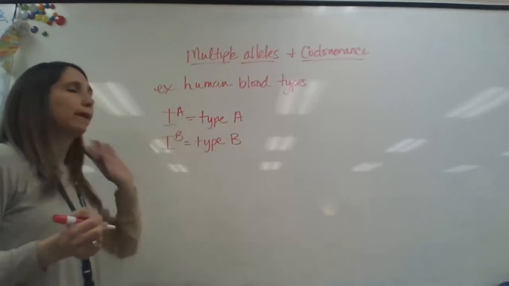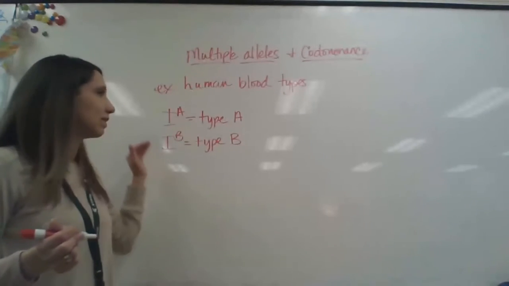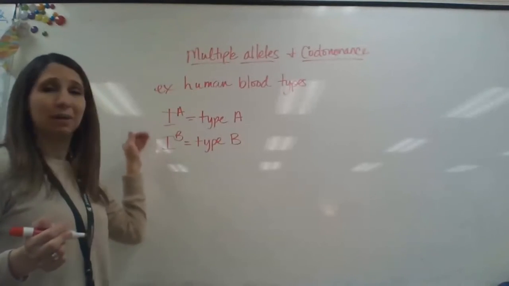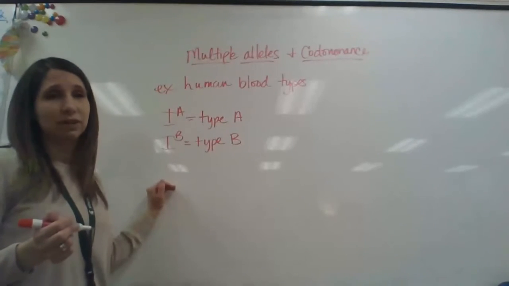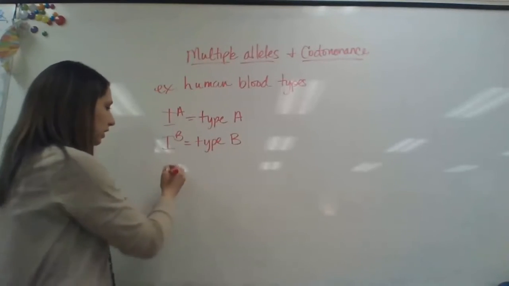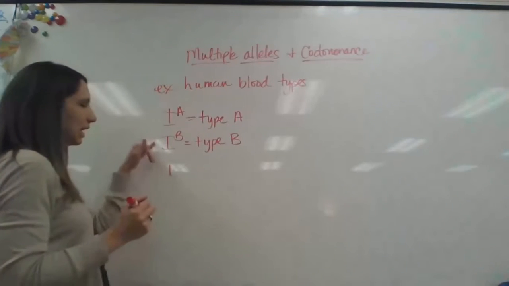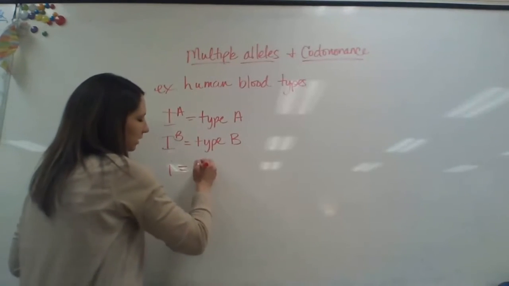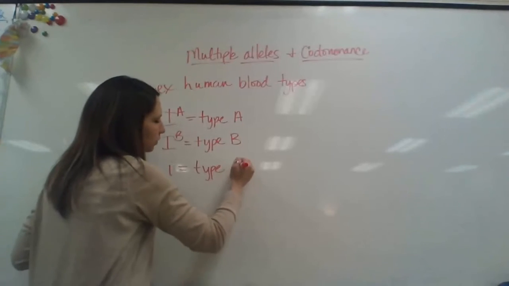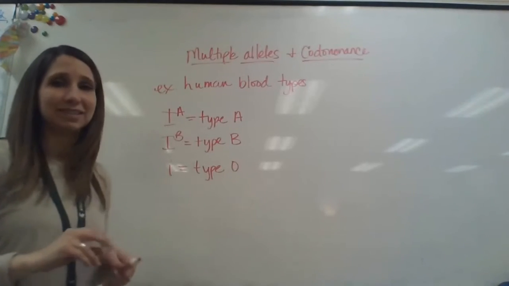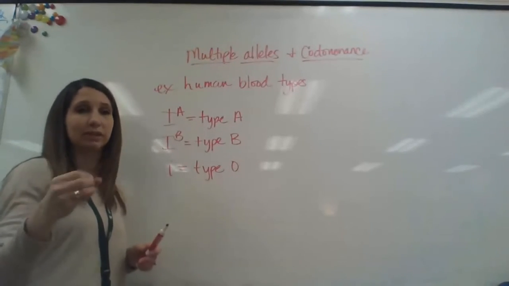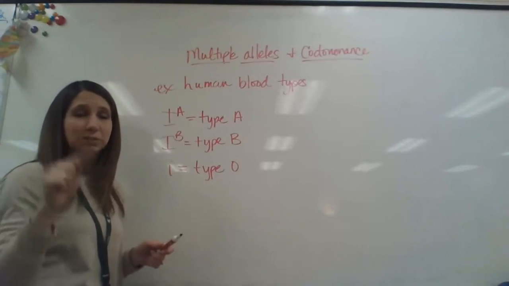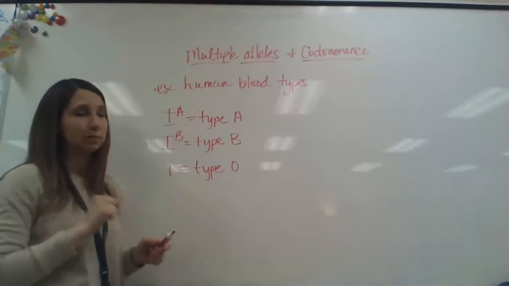The reason for that is we want to show that these are codominant to the recessive trait. And the recessive quality, if I'm going to use I's, I can use a little i to represent that. And a little i allele codes for type O blood, which essentially means 0. Like you have 0 antigens or proteins being expressed on your red blood cells.